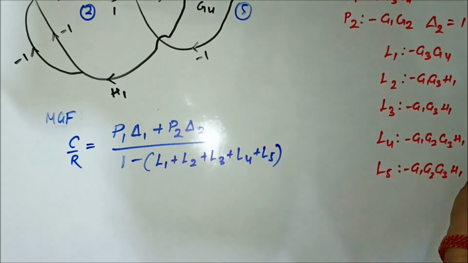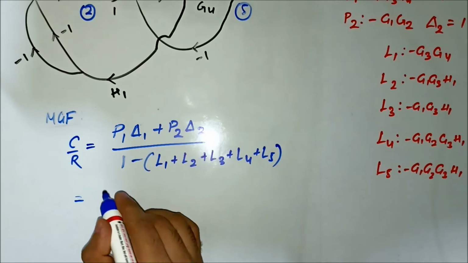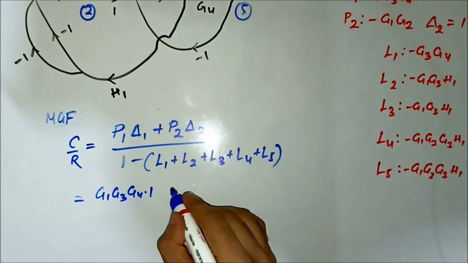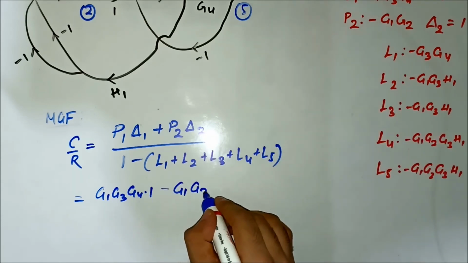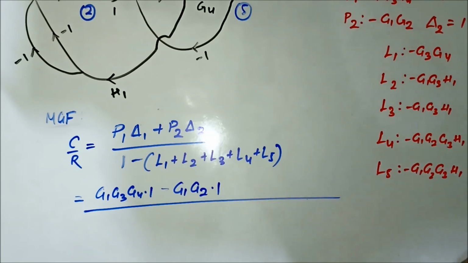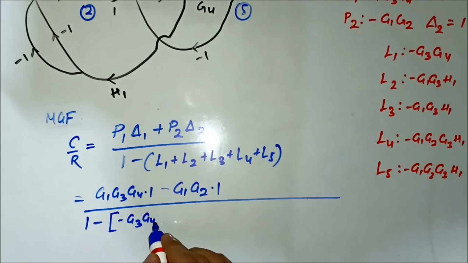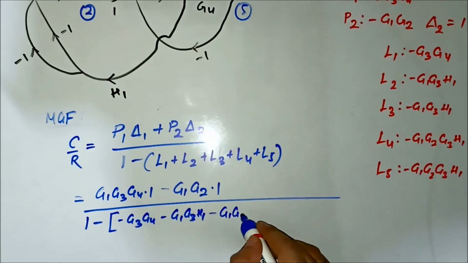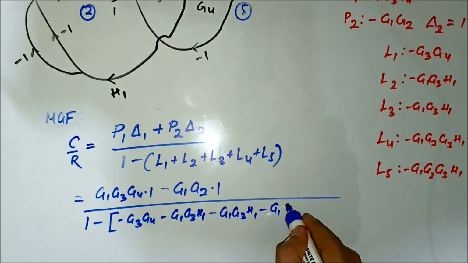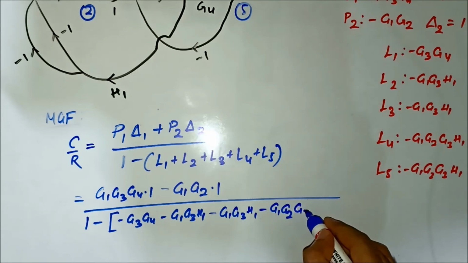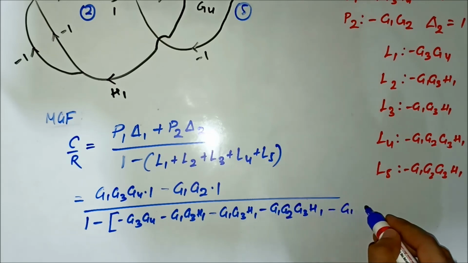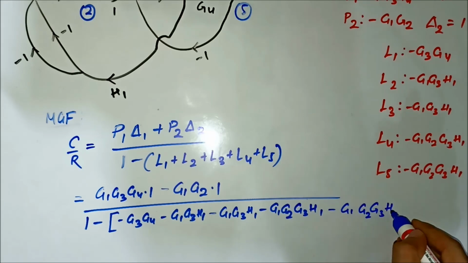So if we substitute the values, it will be G1, G3, G4 multiplied with 1, then plus G1, G2 multiplied with 1, divided by 1 minus G3, G4, G1, G3, H1, and the remaining loop gains, G1, G3, H1, G1, G2, G3, H1, then again minus G1, G2, G3, H1.